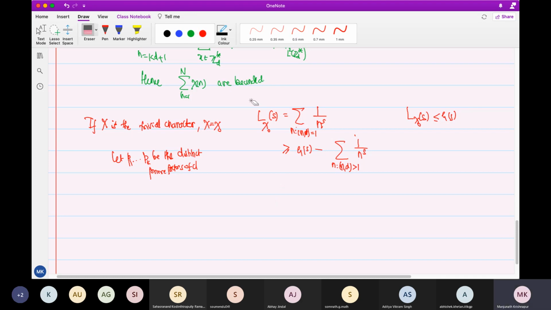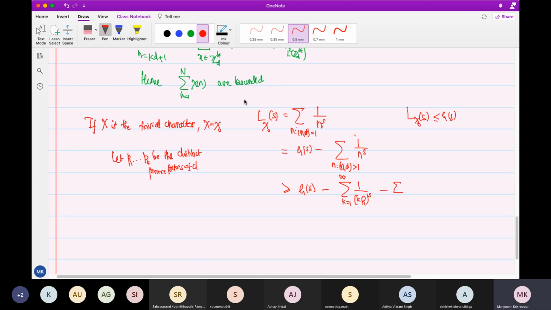Okay, so that means n has to be divisible by one of these primes. It can be divisible by more than one. So I'll write an inequality: I will take 1 by n to the s, so let's take multiples of p1. So that means the sum of 1 by (k times p1) to the power s, k equals 1 through infinity, all multiples of p1.